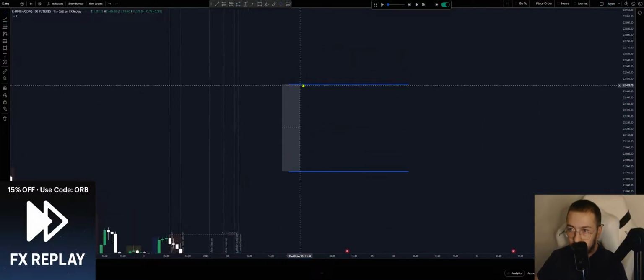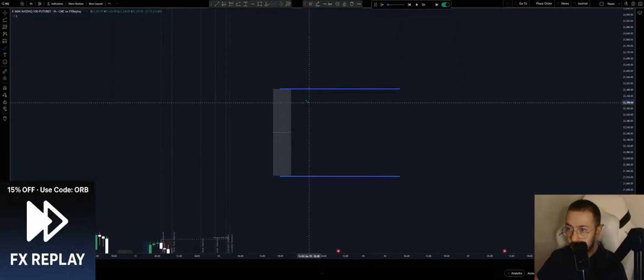Then on the 1 minute time frame, you wait for a sweep of the high to go short, targeting the low of the 1 hour. So again, on the 9 a.m. candle, on the 1 hour time frame, we mark the high and the low. That's our 1 hour ORB.